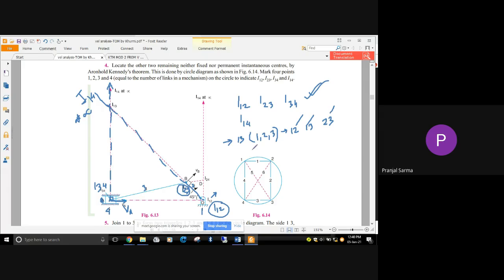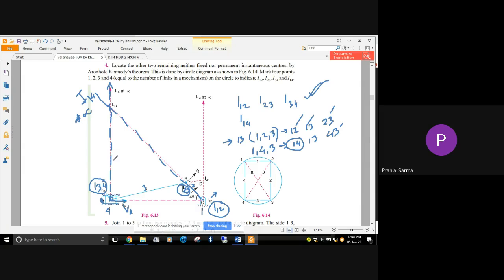Similarly, if I now consider links 1, 4 and 3, we must have 3 links for using Kennedy's theorem. For these 3 links, the different instantaneous centers are I14, I13 and I43. I43, or I34, is already located here. Similarly, we have I14 at infinity along this particular line.